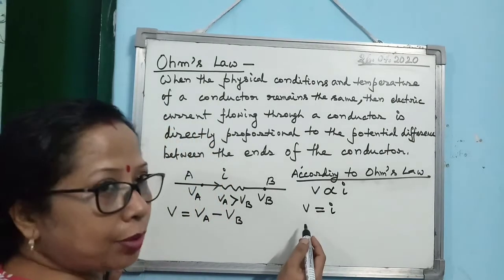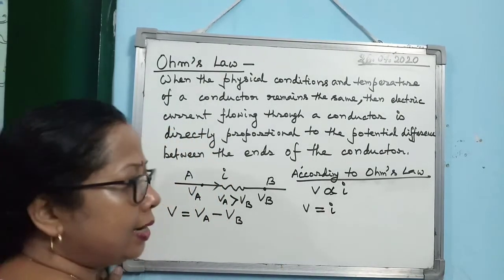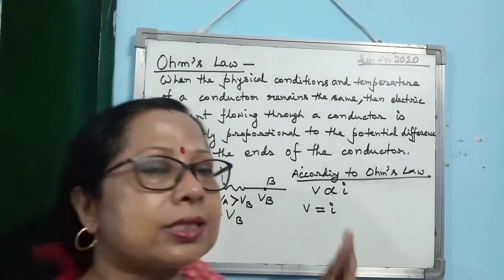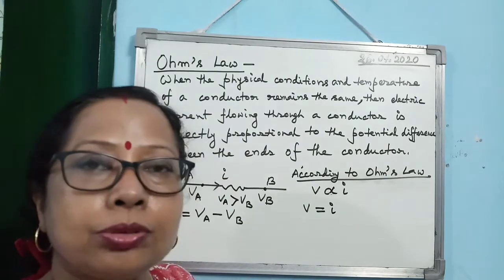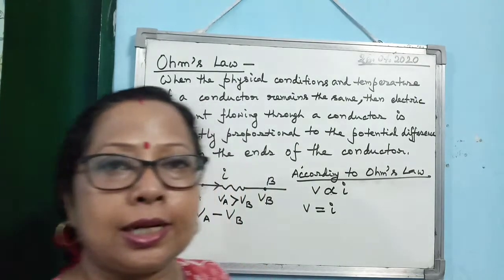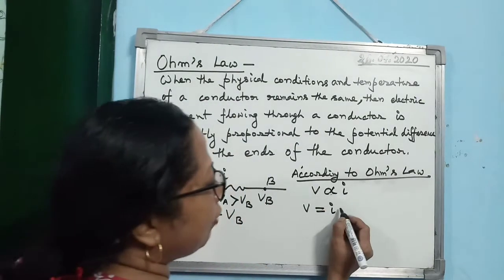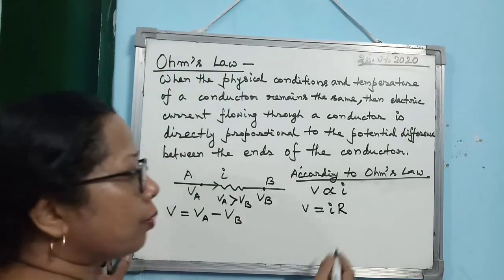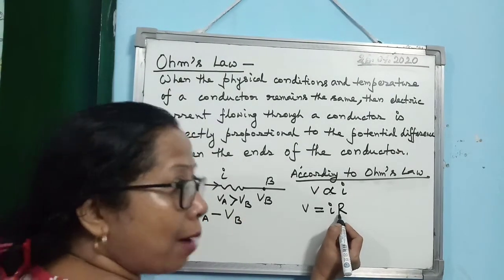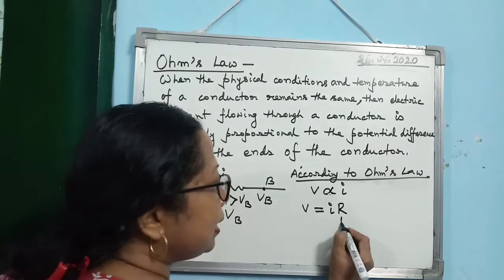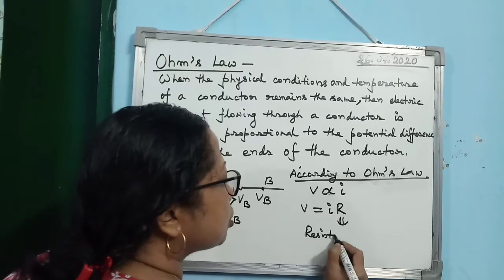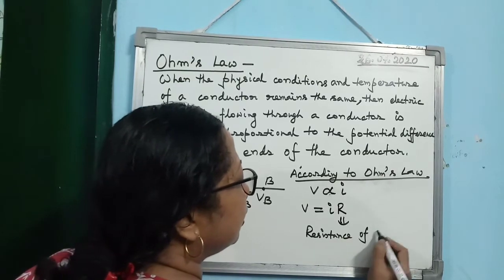This is the concept of maths, that when a proportional sign is replaced by an equal sign, then on the right side you have to introduce the constant of proportionality. That constant of proportionality we denote by capital R, and this is known as the resistance of the conductor.